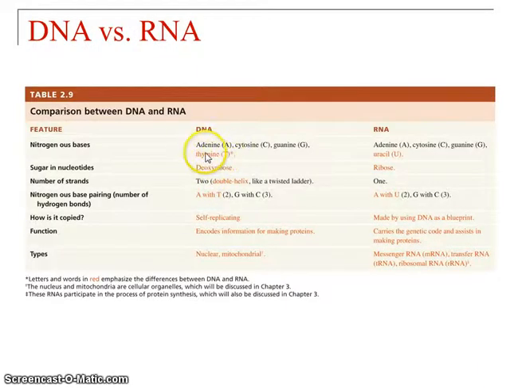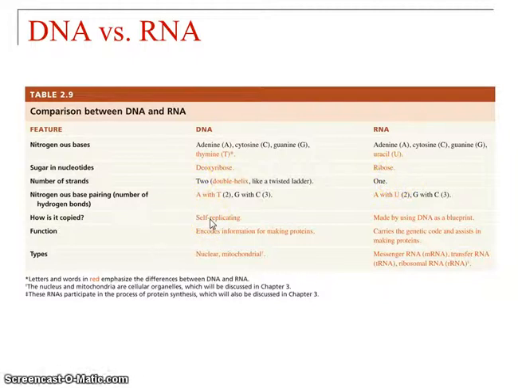So you can see the difference in nitrogenous bases. DNA has T, RNA has U. There is a difference in the sugars. DNA is deoxyribose, whereas RNA is ribose. Number of strands, DNA is double helix. RNA only has 1 strand.